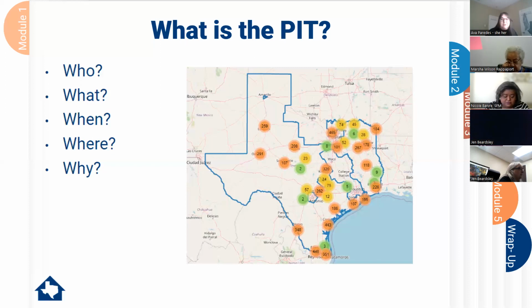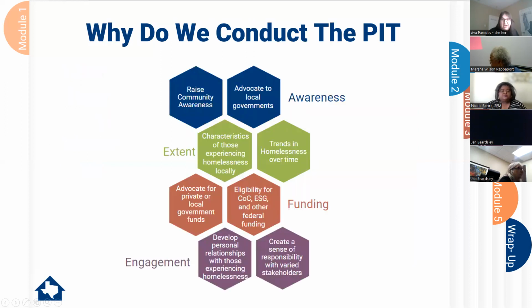And of course, the why: for awareness, in order to advocate to our local governments to understand the extent of homelessness by determining the number of people experiencing homelessness within our geography.